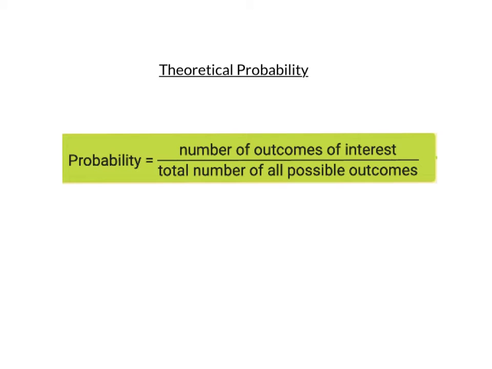So an example of this will be in a deck of cards. What's the probability of drawing an ace out of a deck of cards? Well, we know that there's 4 aces in a deck of cards. We know there's 52 cards in total.